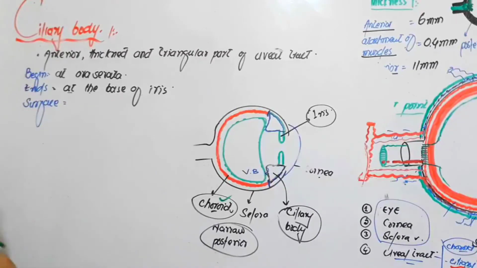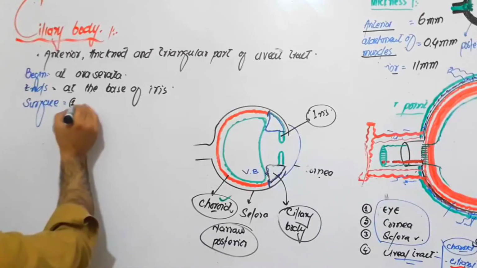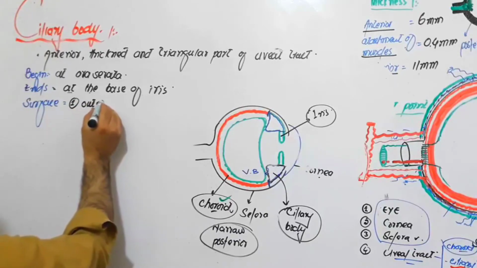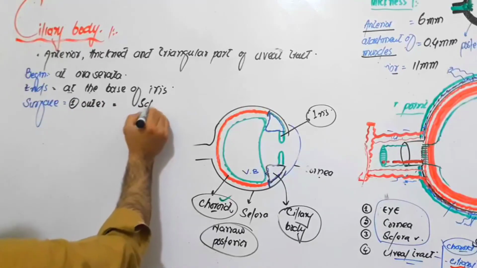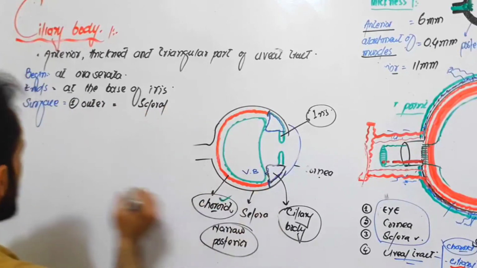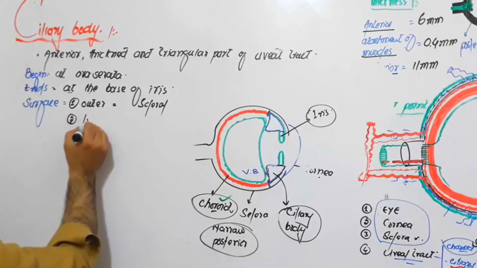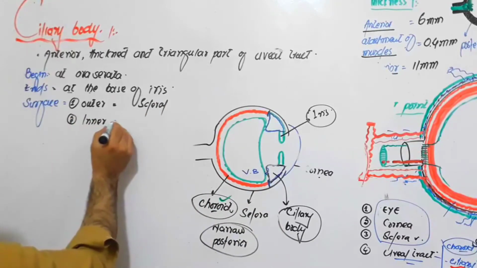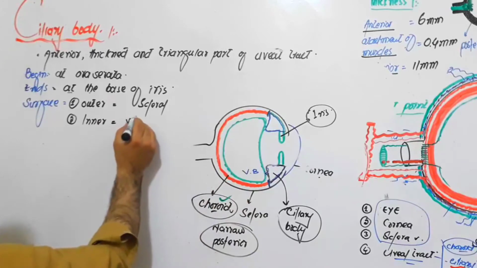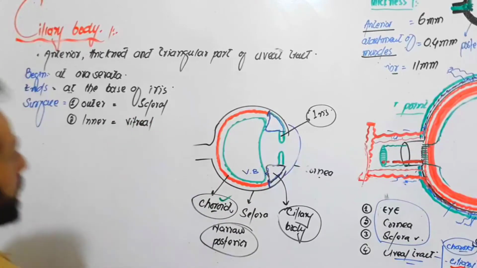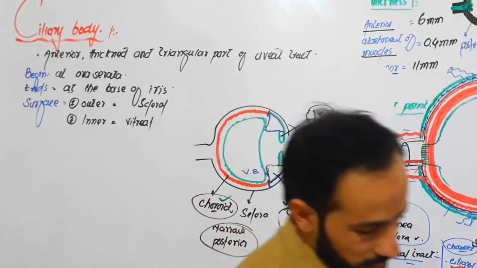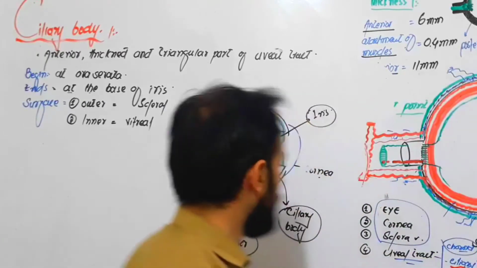What are those surfaces? The outer surface is called the scleral surface, right? And the inner surface is called the vitreal surface. Done.